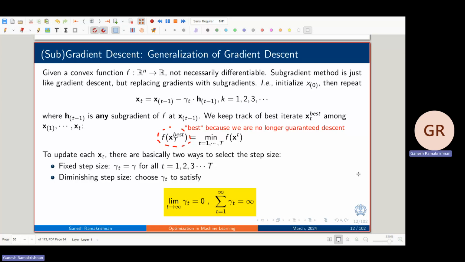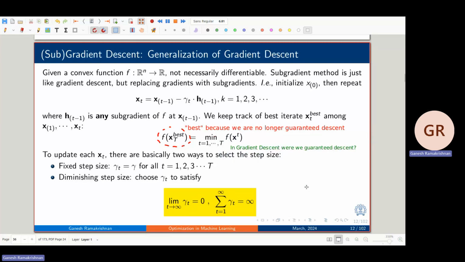I'm making a subtle statement here: we are no longer guaranteed descent. So let me write this question down. In gradient descent, where we guaranteed descent.